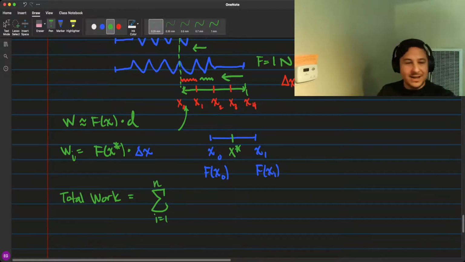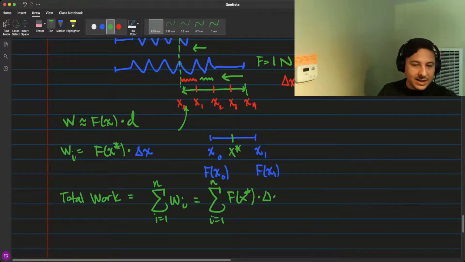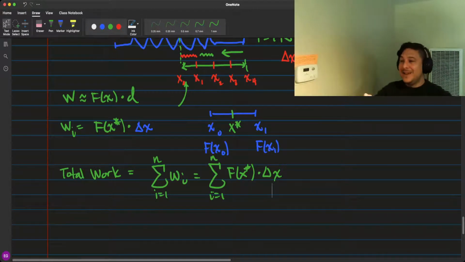Yeah, exactly. So you do the sigma of all those individual works, which is the same thing as the sigma of f of x star times delta x. And you look at this and what do you basically see? We have a Riemann sum.